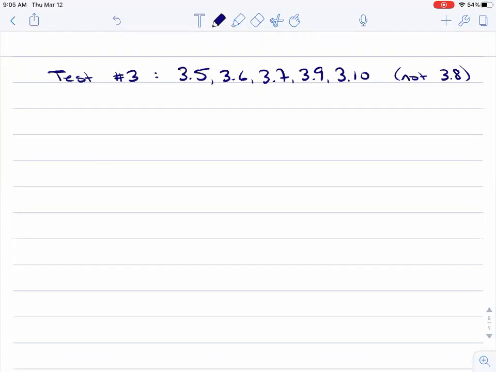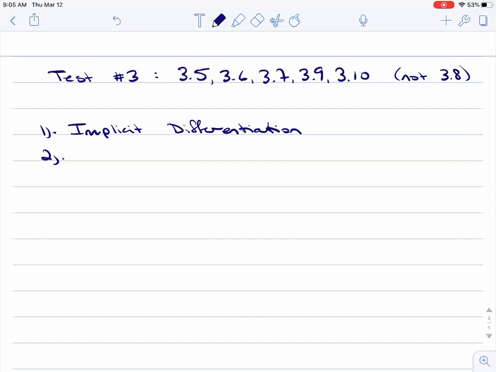So the first question on the test is just implicit differentiation, right? I give you a function, you have to use implicit differentiation to find the derivative. That's it.